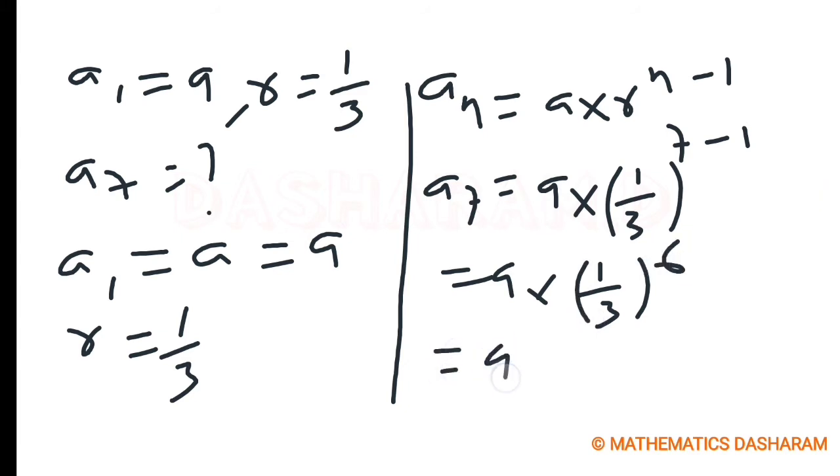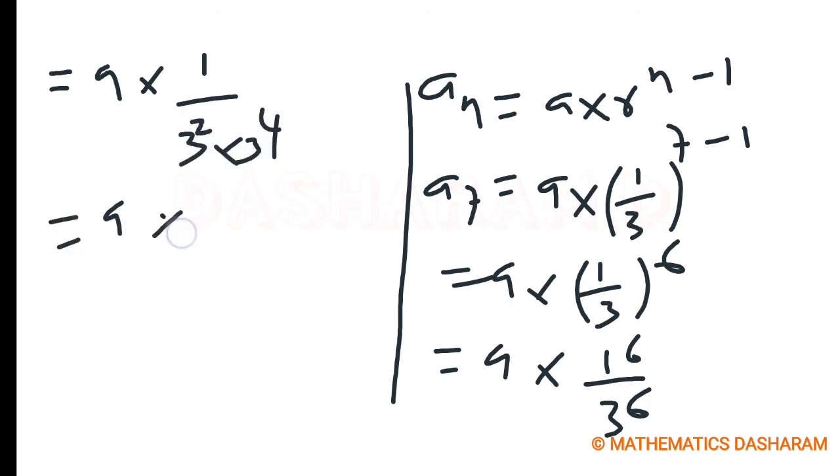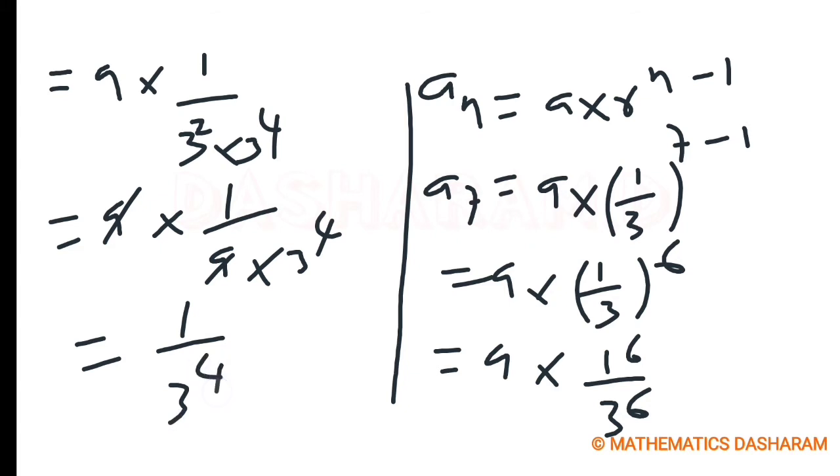It equals 9 into 1 to the power of 6 divided by 3 to the power of 6. 1 to the power of 6 is 1, and 3 to the power of 6 we can write as 3 square into 3 to the power of 4. Now 9 into 1 by 3 square is 9 by 9, which cancel, leaving 1 by 3 to the power of 4. So the 7th term is 1 by 3 to the power of 4.